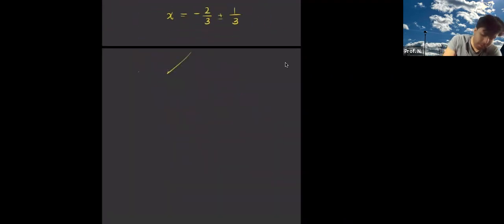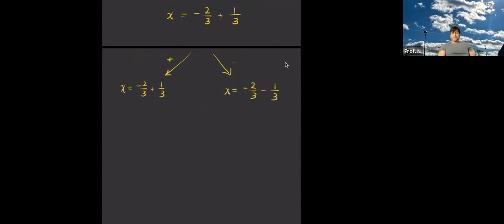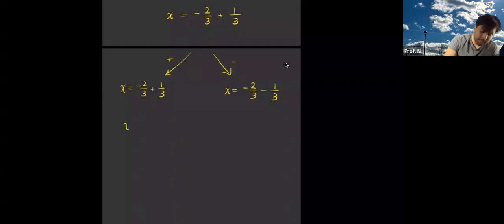So either I have positive or negative. Either I say x is equal to negative 2/3 plus 1/3, or I say that x is equal to negative 2/3 minus 1/3, right? And when I add it, what do I get? I get x equals negative 1/3.